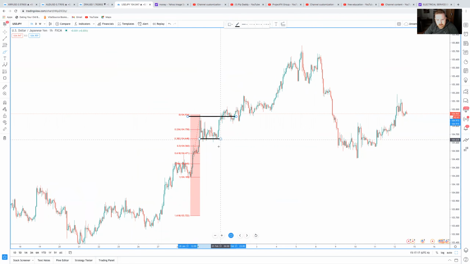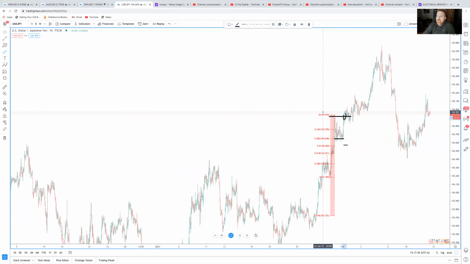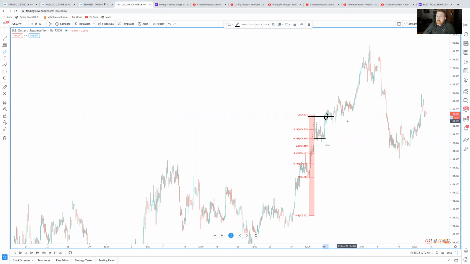I'll enter down here with a tight stop loss again and target one full retrace. So low risk for a lot of pips. If you enter up here, you've got to have a little bigger of a stop loss and a little less knowledge of your target highs. So yeah, I mean, that's really it.